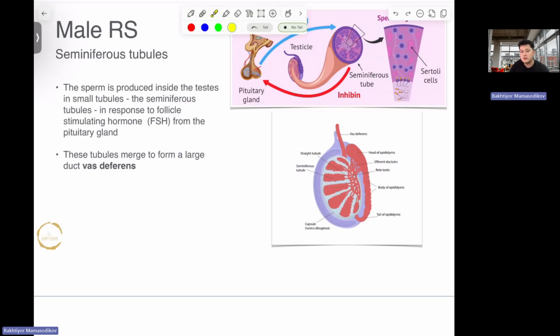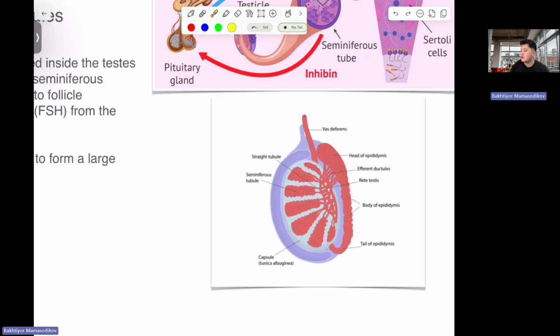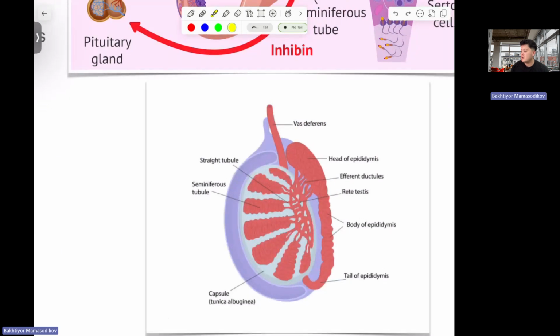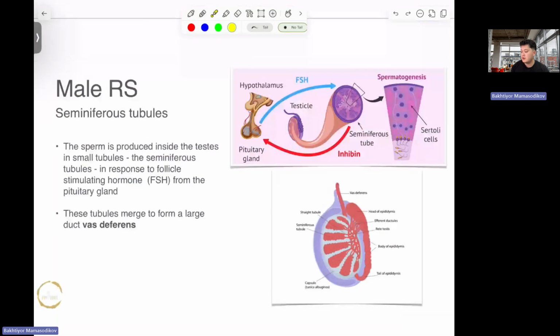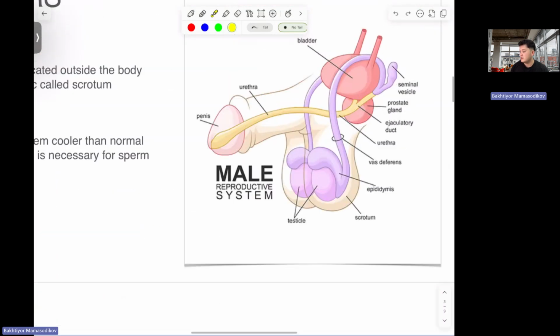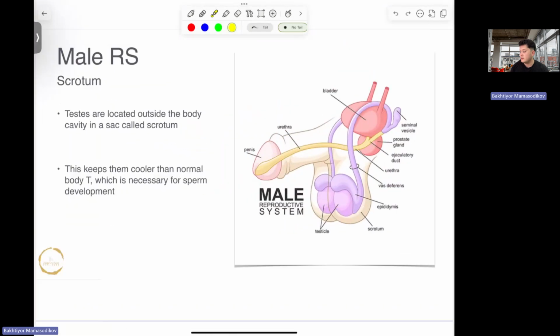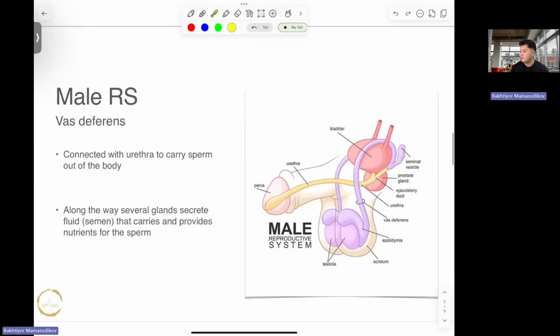These tubules merge to form one large duct, which we call the vas deferens. This is the illustration of the vas deferens here. The vas deferens is connected with the urethra to carry the sperm out of the body. You see the vas deferens is connecting to the urethra.